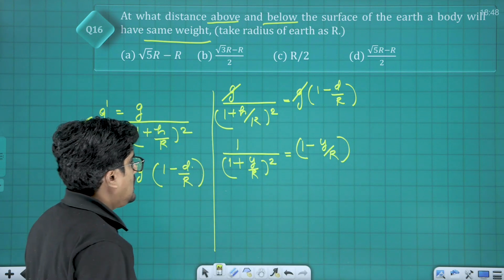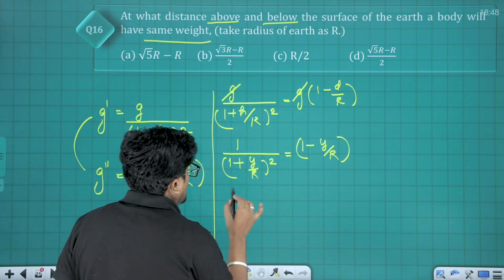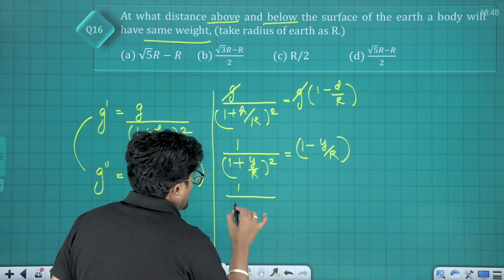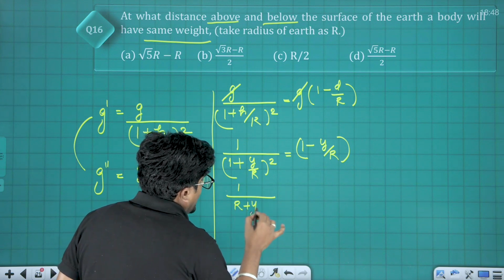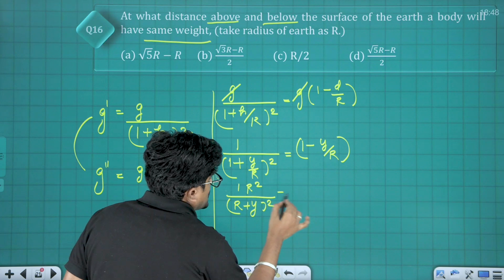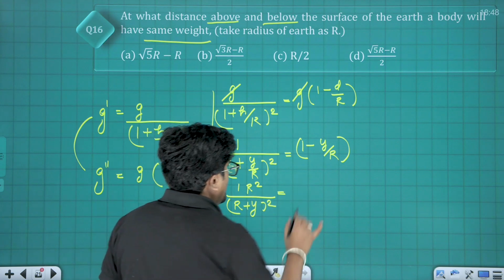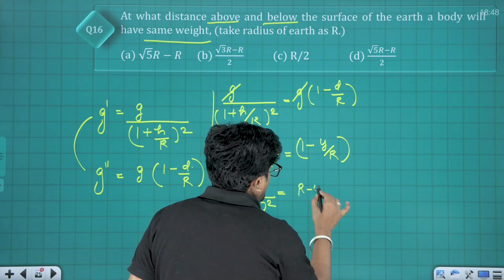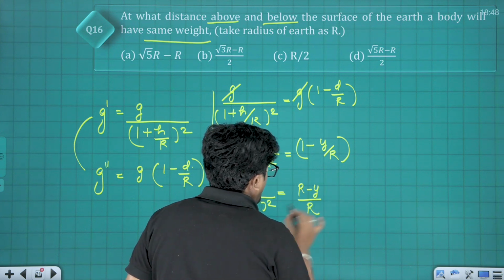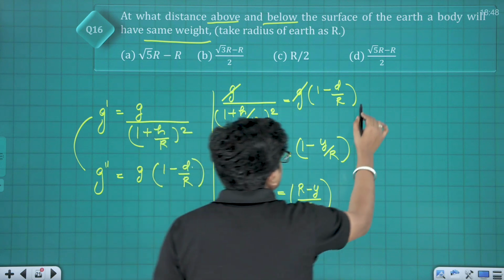Alright, now let me solve this. Here I can mark this as 1 upon r plus y the all square into r square, and here r minus y all upon r. Now let me cross multiply this.